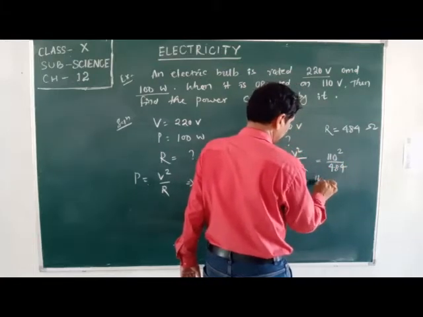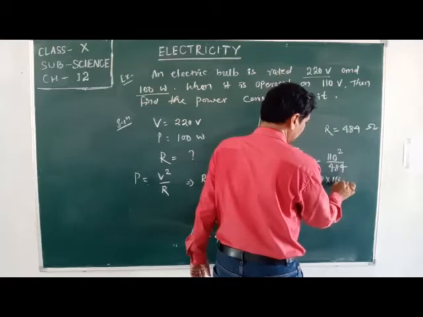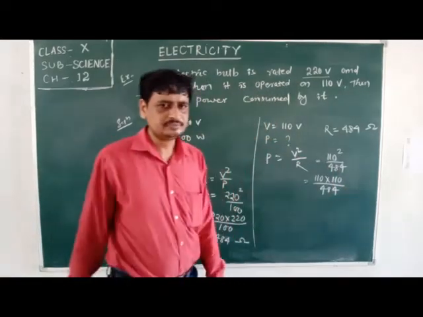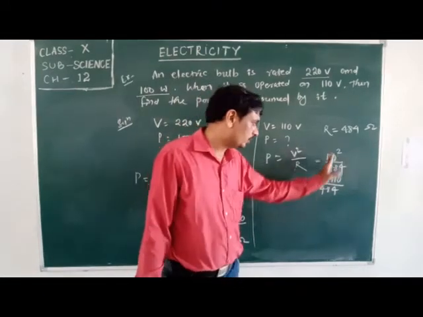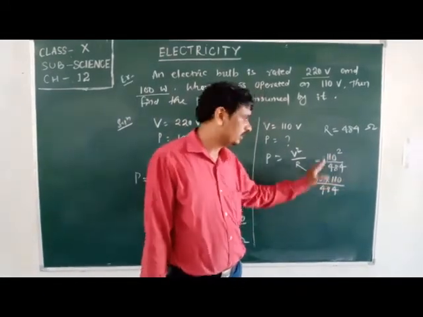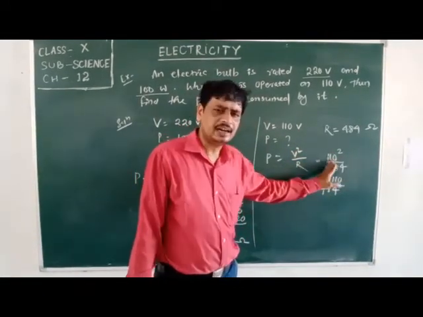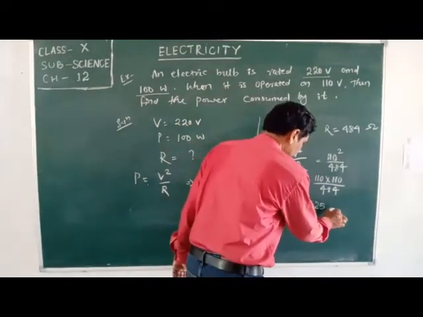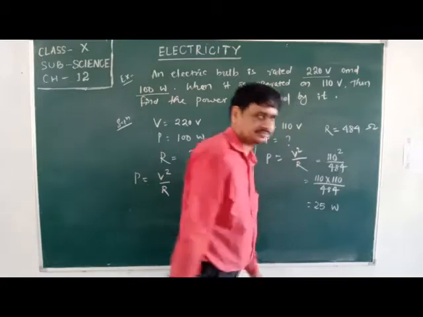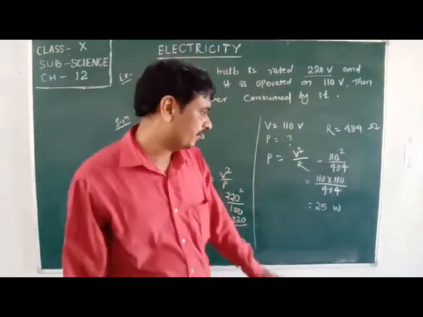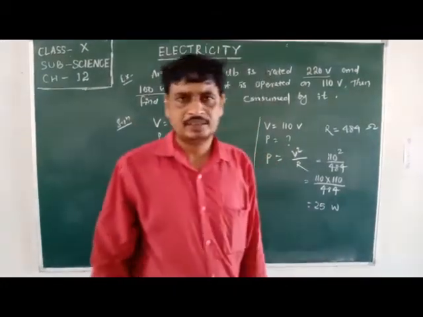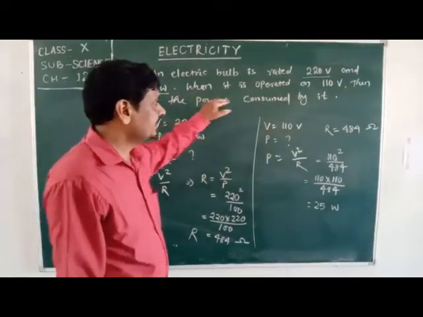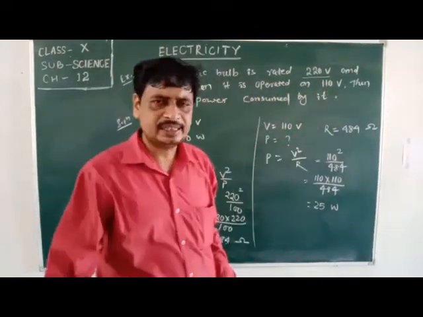This is equal to 110 into 110 by 484, that is V square and R. This is equal to 25 watt. Now we got the value of power as 25 watt. It is the power consumed by the electric bulb when it is operated on 110 volt.